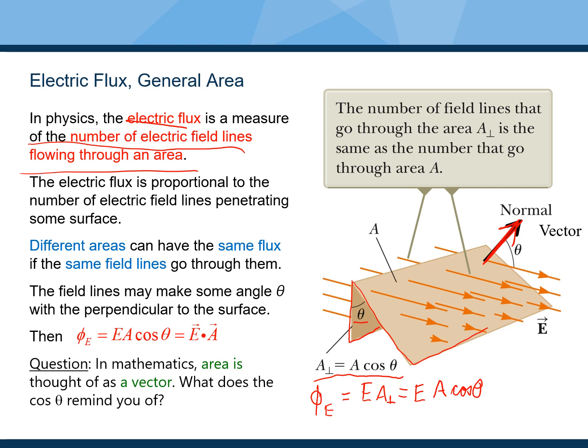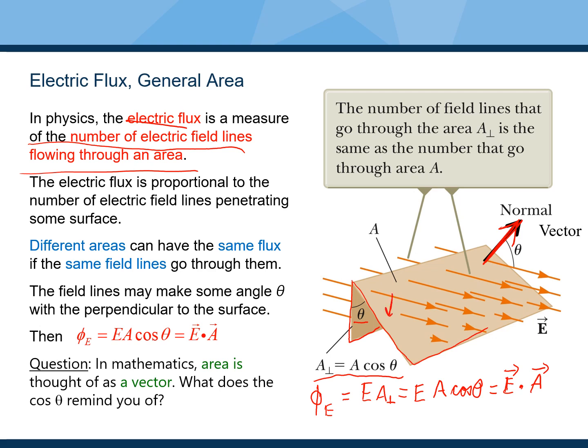But this tells you that you can write this as E vector dotted with A vector, and then we have a perfectly good definition of flux. If we apply this definition to the larger oblique area, it returns the same value for the flux as if we apply it to the smaller perpendicular area or the smaller vertical area out here.